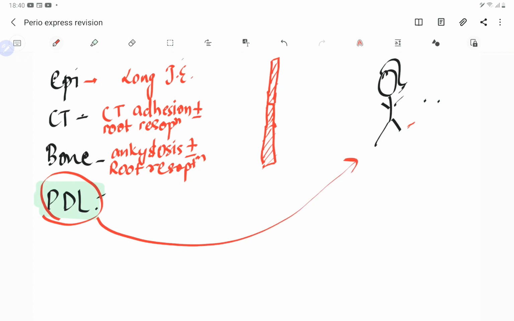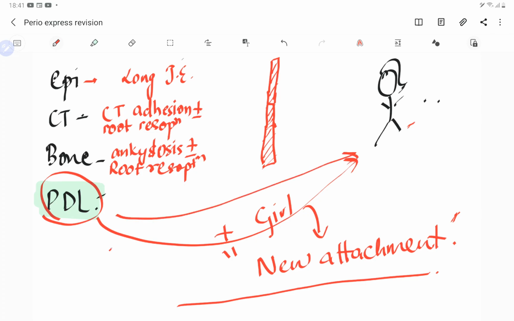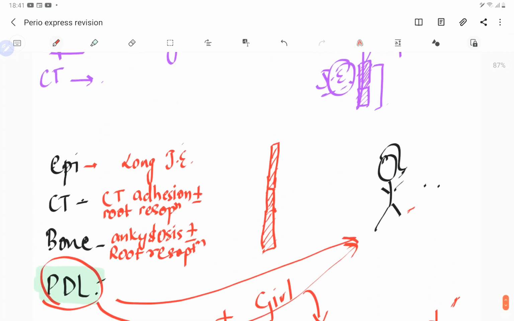So what happens when this PDL guy gets in a relationship with the girl, there is a new attachment, and this is what we want to happen. We want to regenerate the new PDL, new fibers, new connective tissue, new epithelium, new bone. But we do not want to harm anything. So we guide the PDL to meet this girl. We do not want any of the epithelium, connective tissue or bone.